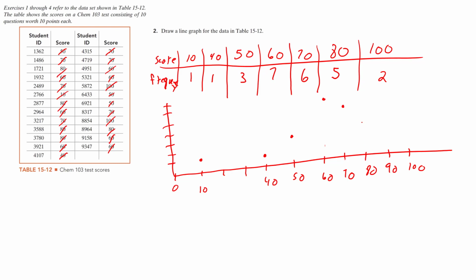For 80, there's 5, 1 down from there. And there was no 90, and for 100, there was 2. And then we just connect the dots with lines. And there you go. That's a line graph.